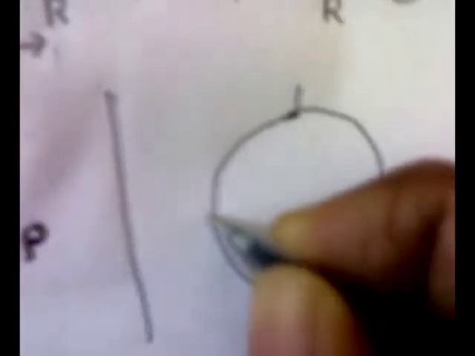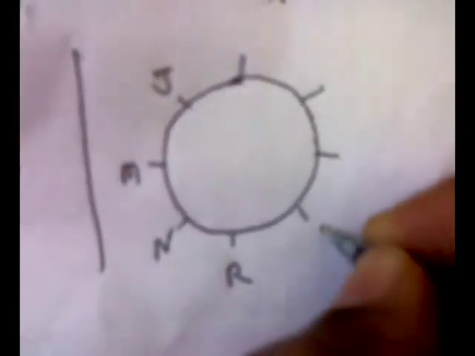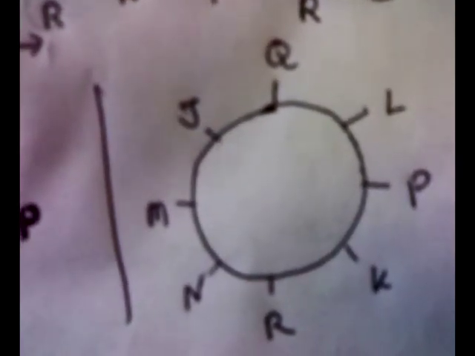One, two, 3, 4, 5, 6, 7 and 8, and we'll put this arrangement here: J, M, N, R, K, P, L and Q. So for this question, in which 8 persons are sitting around a circle, we got our final circle here.